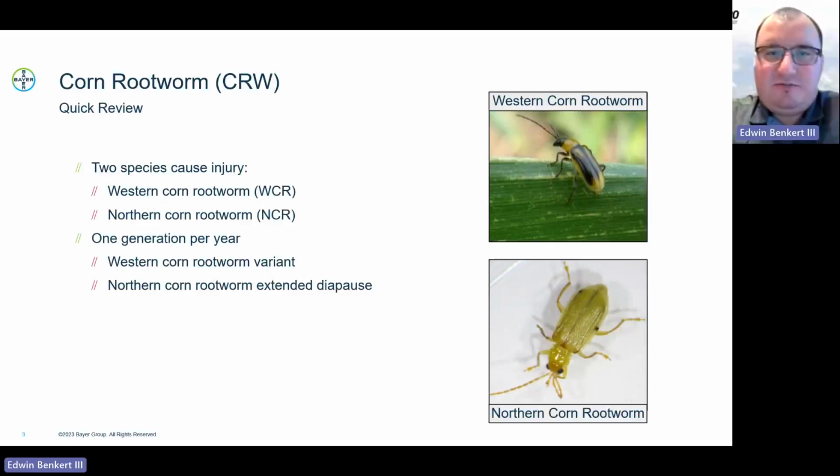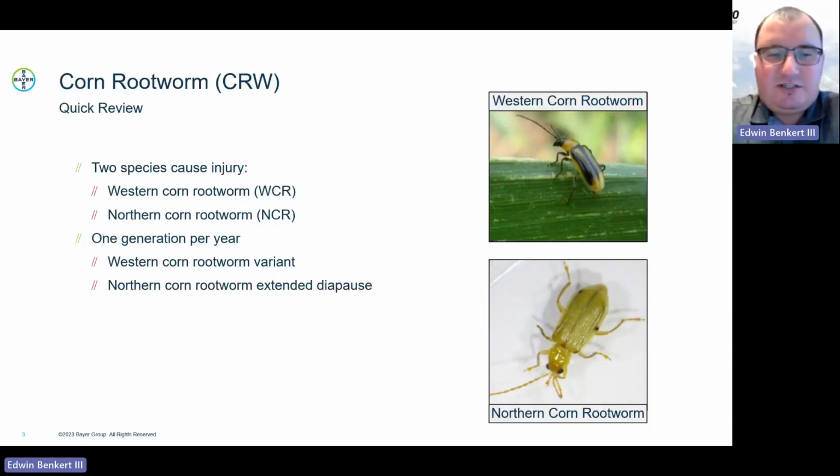It's spread a little bit from that, but basically the western corn rootworm variant still has one generation per year, but instead of laying its eggs back into corn like the normal life cycle, the variant is going to lay its eggs at random anywhere. So if it happens to be a soybean field that's going to be rotated back to corn the following year, you could see some injury in that first-year cornfield. Like I said, the variant is more of a U.S. problem.